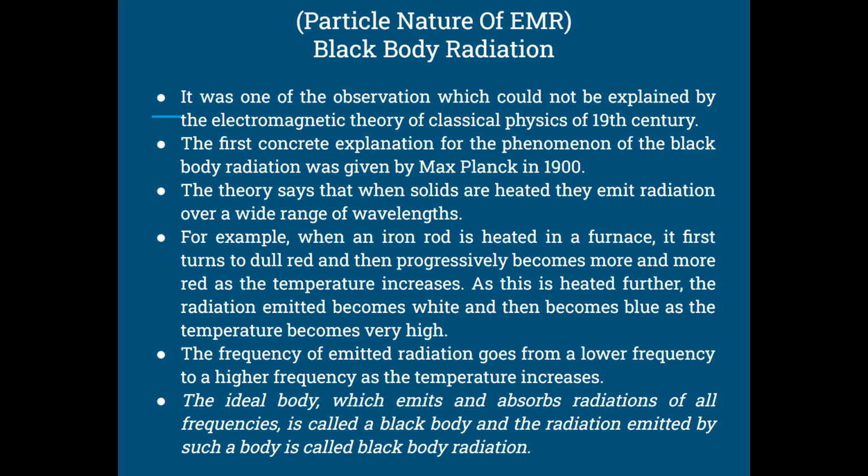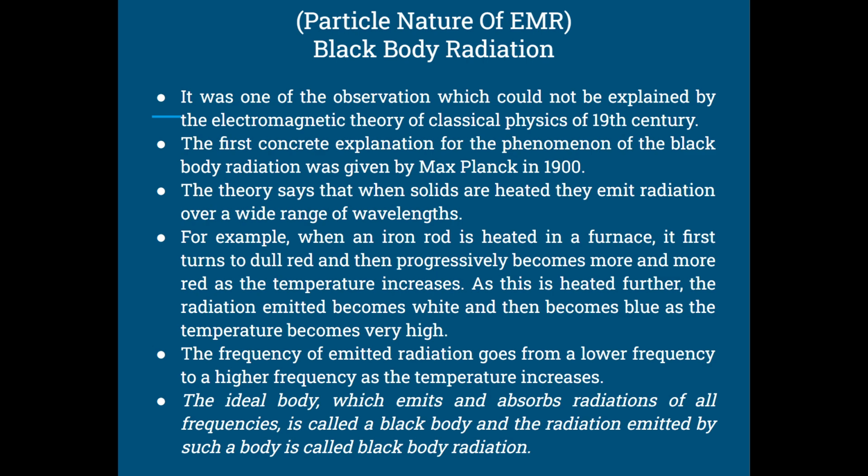So, till now we have studied the wave nature of light, because electromagnetic radiations give us the idea of wave nature. Now we will be studying the particle nature of electromagnetic radiations. We will start with black body radiation. It's a very interesting topic. Let's dive into it. It says that when a substance is heated, it emits radiations.